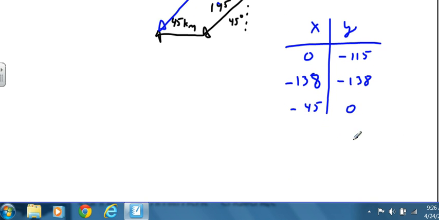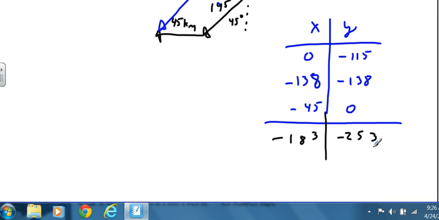All right, so now I add up my numbers, and I have minus 183 and minus 253, and they're both negative. So I find my magnitude.